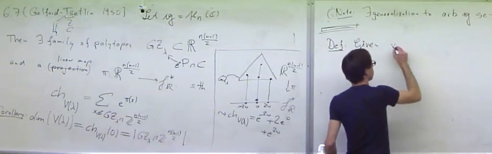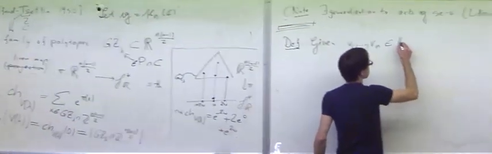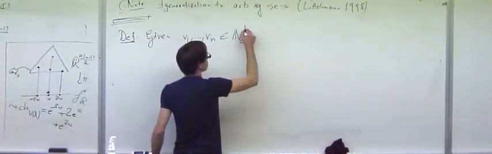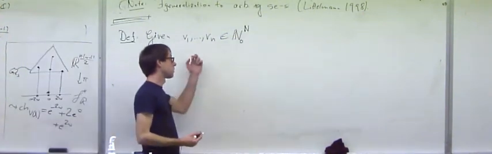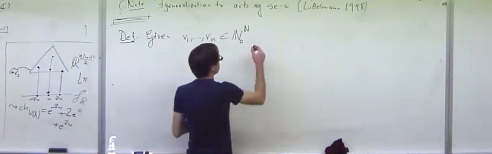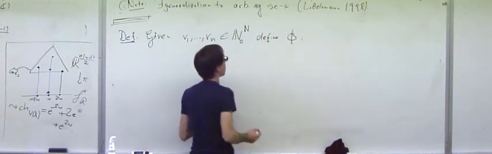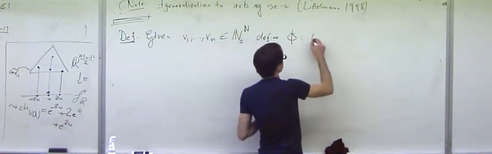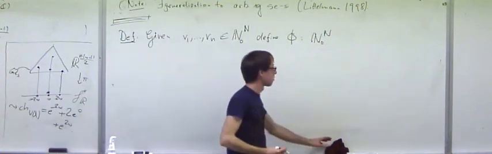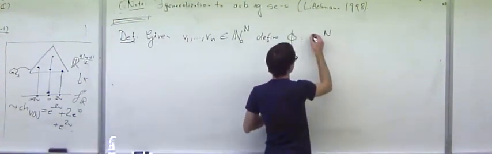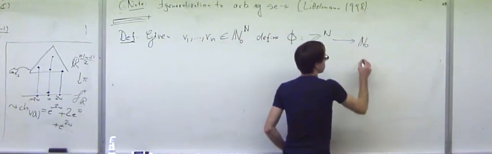Given vectors v1 through vn, say in N0 to the capital N, just some tuples of non-negative integers, I define the following function capital phi from N0 to the N, so the vector space in which these live, or in fact I can define this on the whole Z to the N, and this will produce non-negative integers.